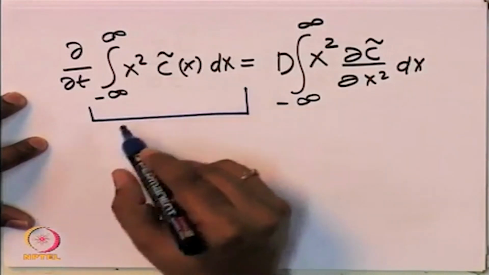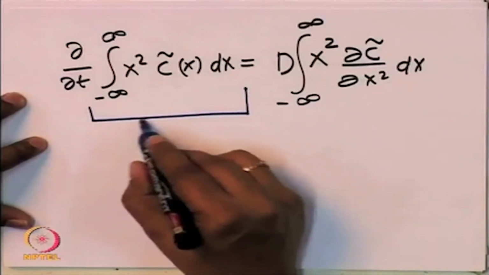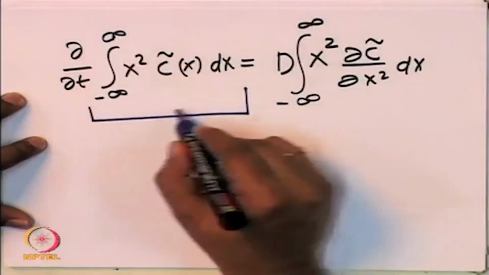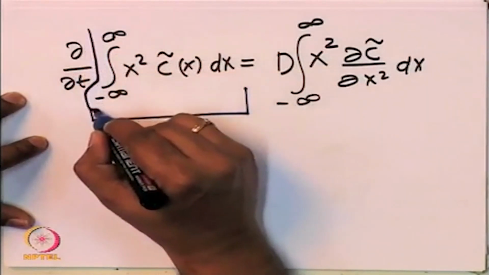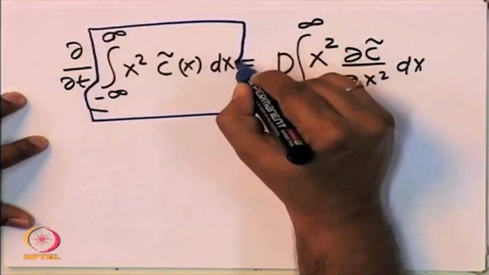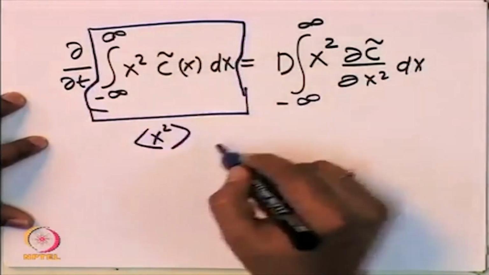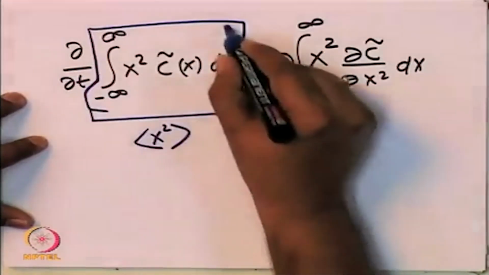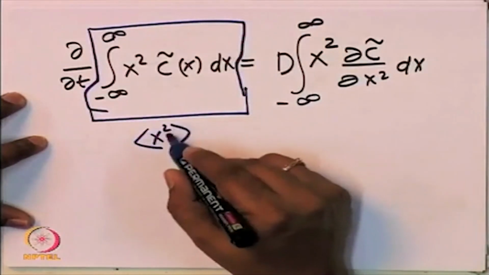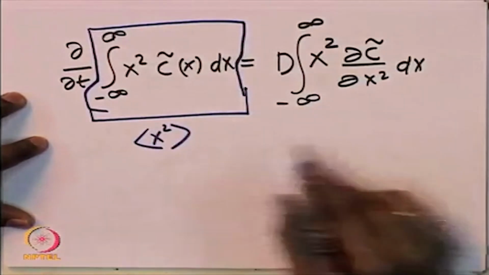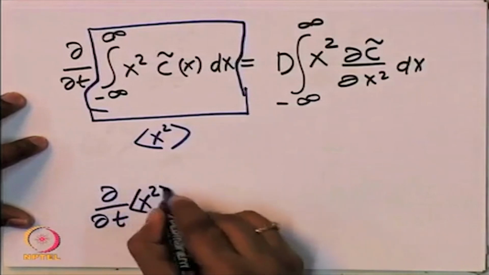We just defined this quantity, the one around which I drew this line, as x square average. So, the left hand side is del by del t of x square average.